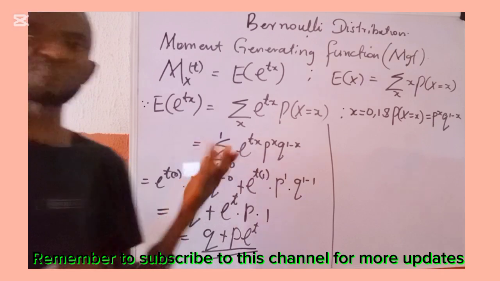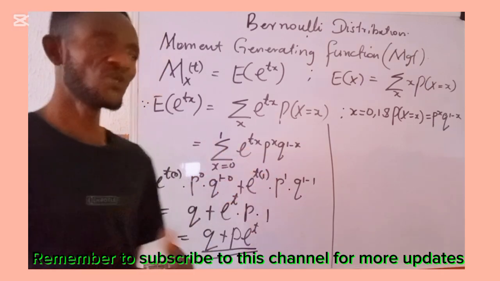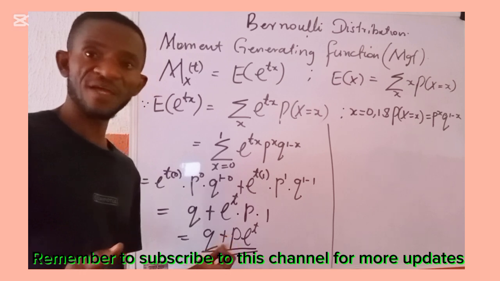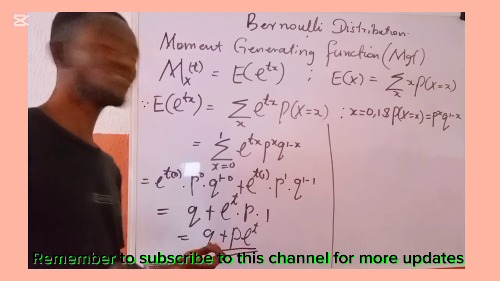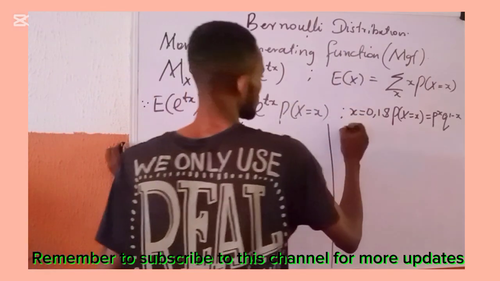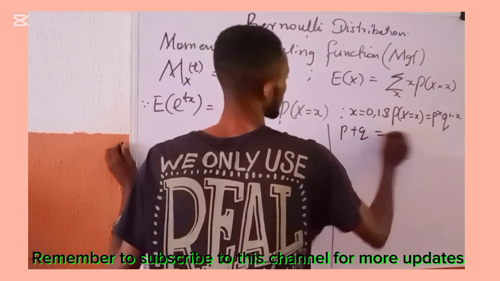However, when you are going through the pages of a textbook, oftentimes you see a little variation of this last expression, but it doesn't change anything. Do remember that I had earlier told you that P plus Q equals 1.